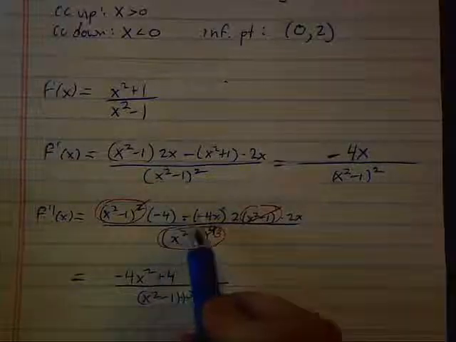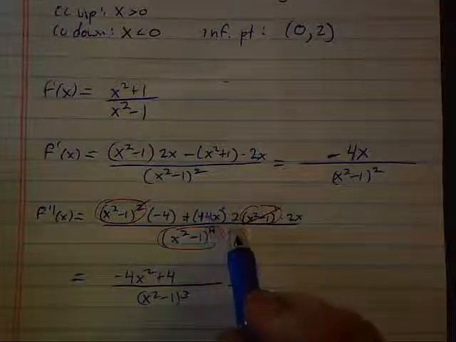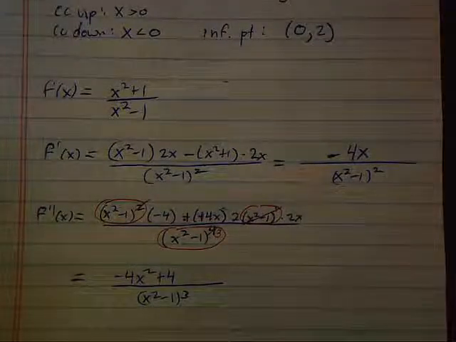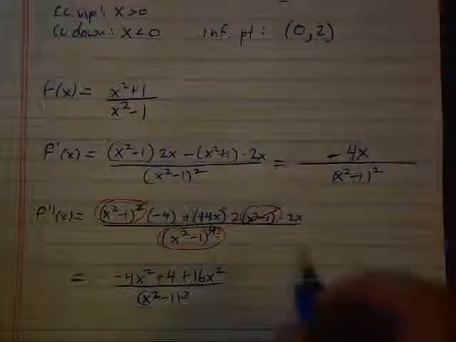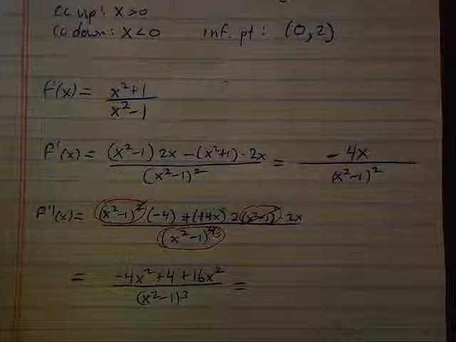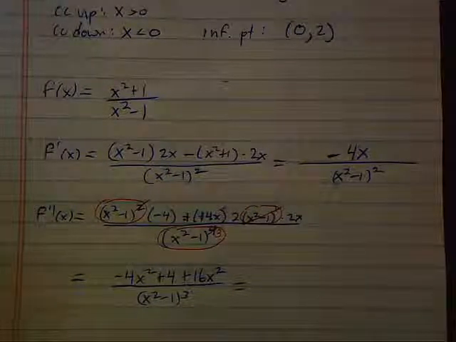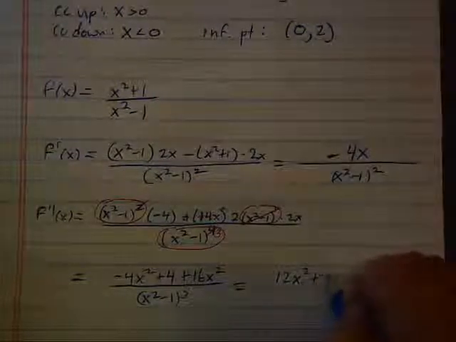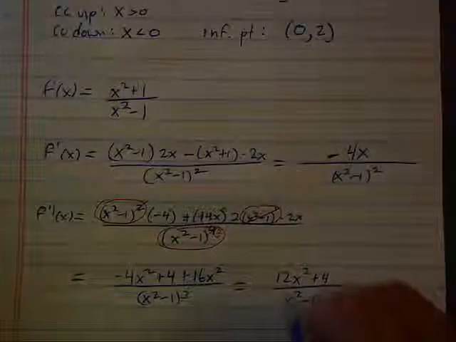And then I have a minus and a minus, so those become pluses. 4x times 2 times 2x is 16x squared. So I think my second derivative, simplified down as much as I can, is 12x squared plus 4 over x squared minus 1 cubed.